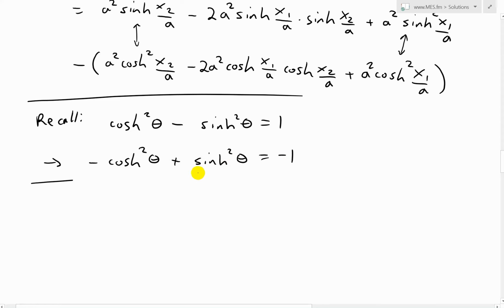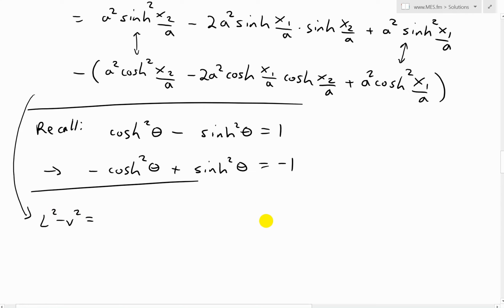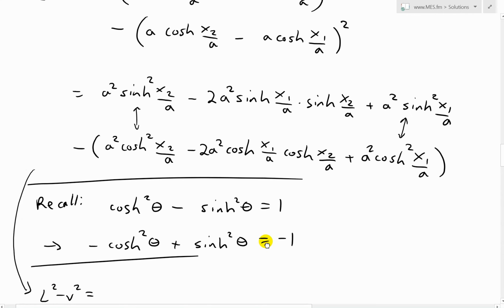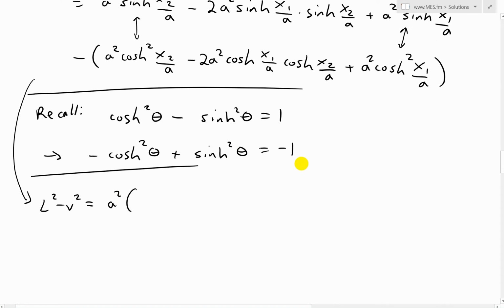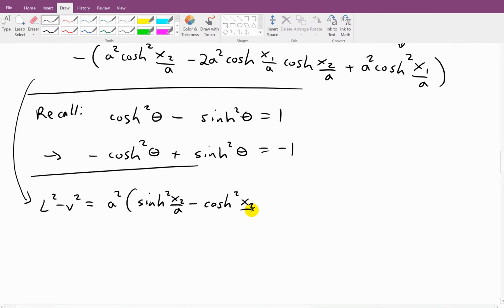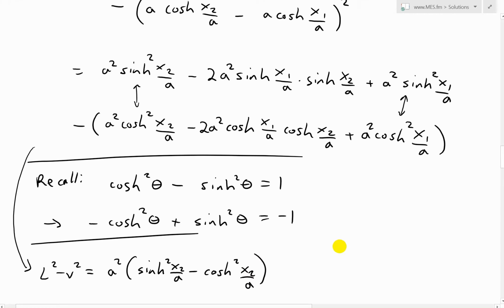So thus, putting these together, what we get is L squared minus V squared equals... Now over here we can just factor out the a squared. So we'll do a squared, and then combine these ones: sinh squared theta minus cosh squared theta, where in this case theta is x2 over a, so sinh squared of x2 over a minus cosh squared of x2 over a, and then put that in brackets.